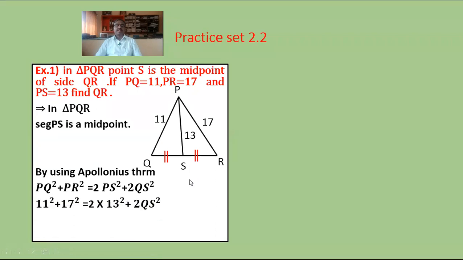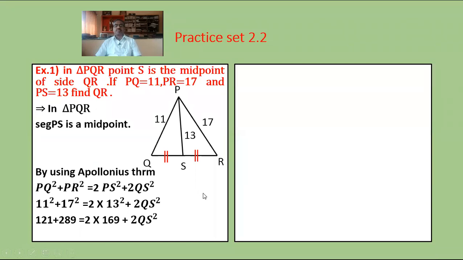Substitute the values in this equation. 11 square plus 17 square is equal to 2 multiply 13 square plus 2QS square. 11 square 121 plus 289 is equal to 2 multiply 169 plus 2QS square. 121 plus 289 is equal to 410, is equal to 2 multiply 169 is 338 plus 2QS square.